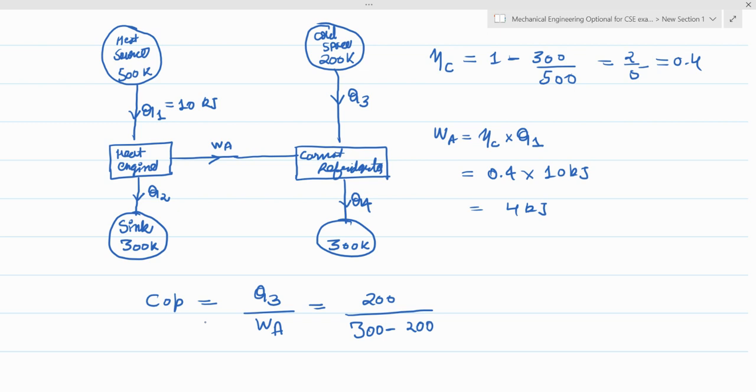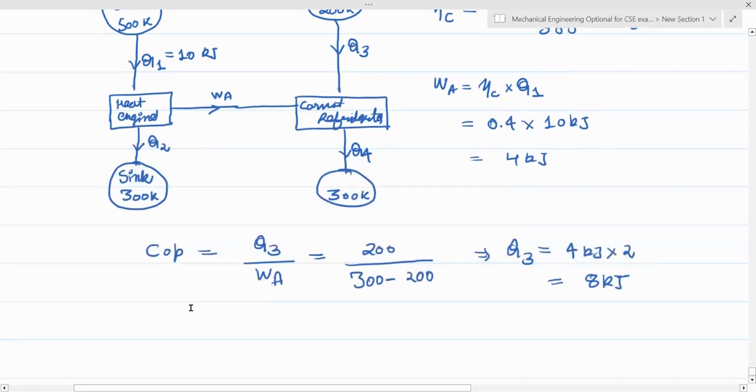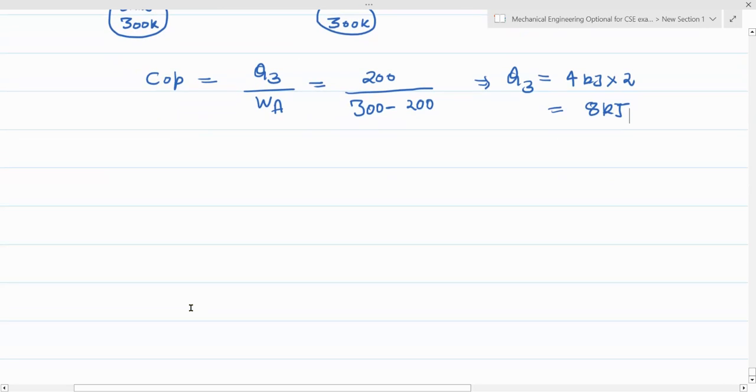Now from this equation we can get Q3 is equals to 4 kilojoules multiplied by 2, that comes out to be 8 kilojoules. Now we have calculated the value of Q3 and work done by the heat engines. Now we can calculate the value of Q2 also, because it is a reversible heat engine.